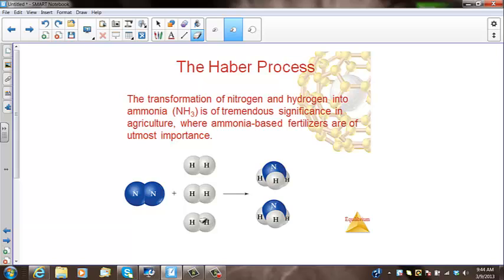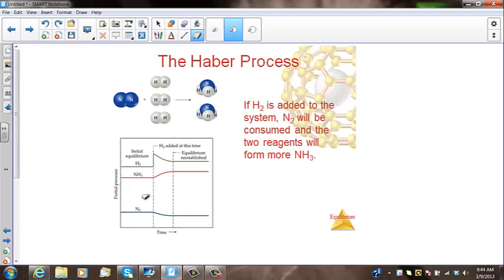As I said, the Haber process is the production of ammonia from the reaction of nitrogen and hydrogen. This is really significant in the use of agriculture, where ammonia-based fertilizers are of the utmost importance for nutrient balance. In this example, if H2 is added to the system, N2 will be consumed.